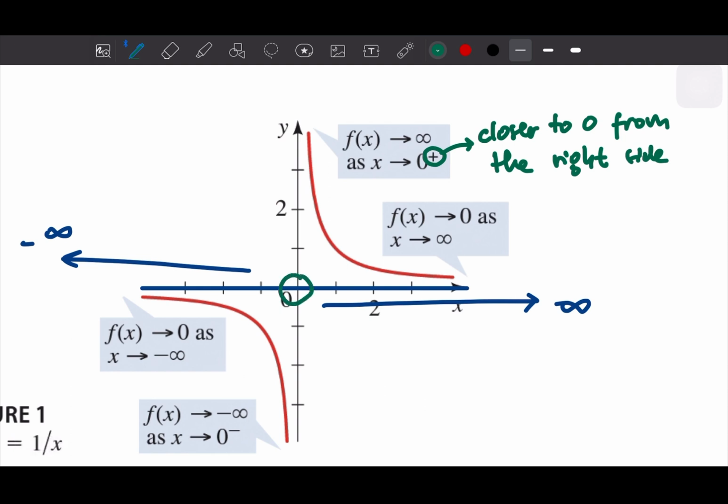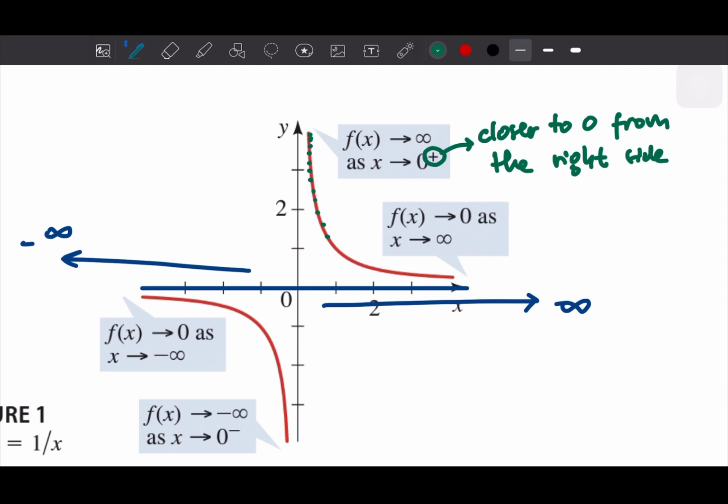Zero is here, right? So it goes through here from the right. And then when it reaches near zero, look at how it goes, look at my green dot. It goes higher and higher.